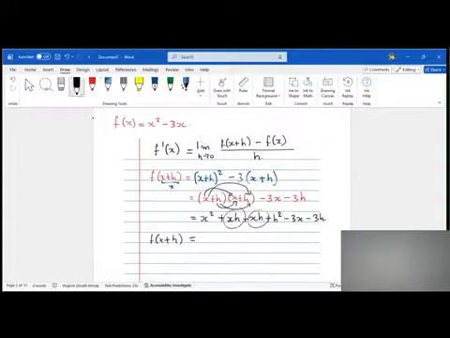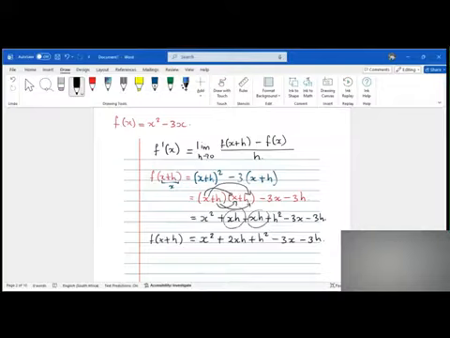We have x squared, add 2xh, then add h squared, then minus 3x, then minus 3h. This is now what we have: x squared plus 2xh plus h squared, minus 3x and minus 3h. All right, so now we have this. We are happy now. f of x plus h, we have it there.